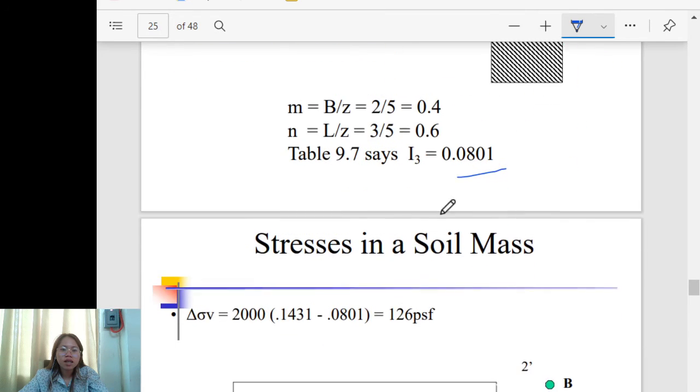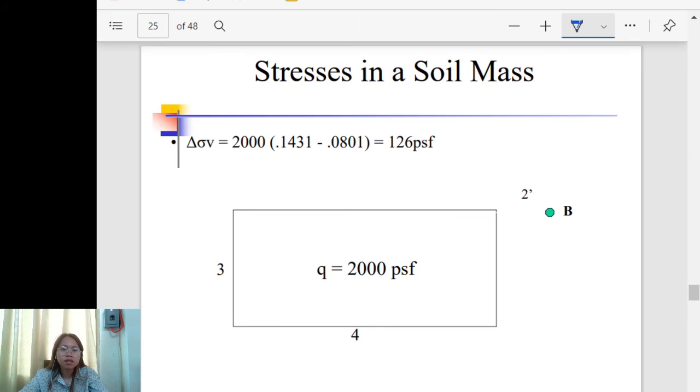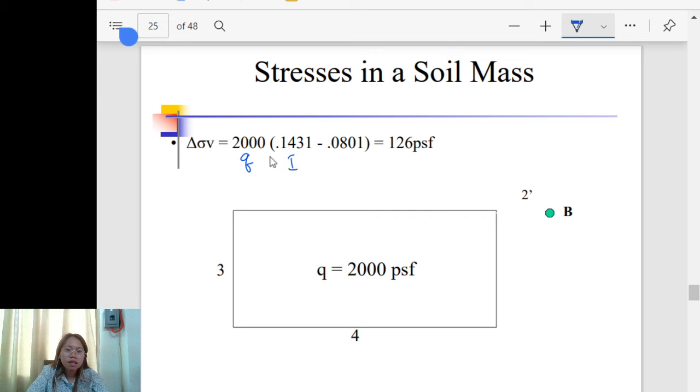So the change in stress is equal to small q times the I3 of the big area minus the I3 of the small area, which is subtracted. This is your answer.